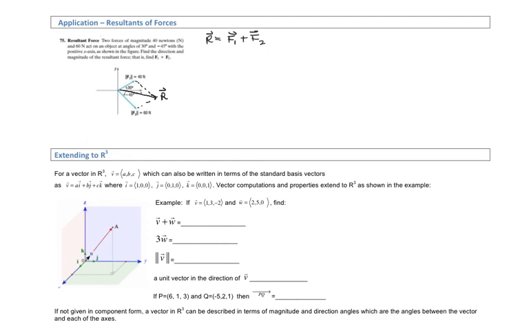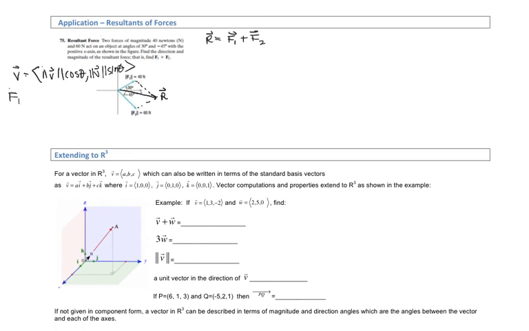In order to do that, we have to put each of those forces in component form. If you remember, V is the magnitude of V cosine theta, magnitude of V sine theta, if theta is given in standard position.